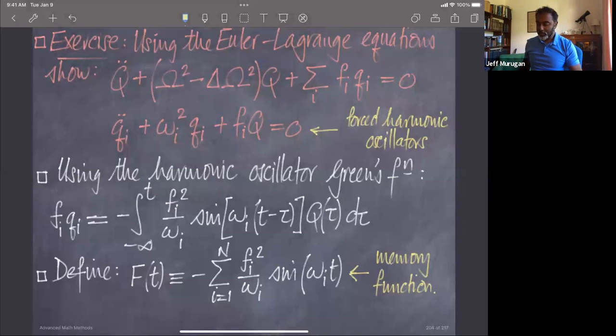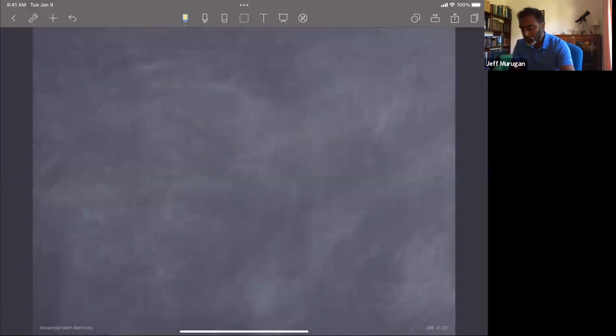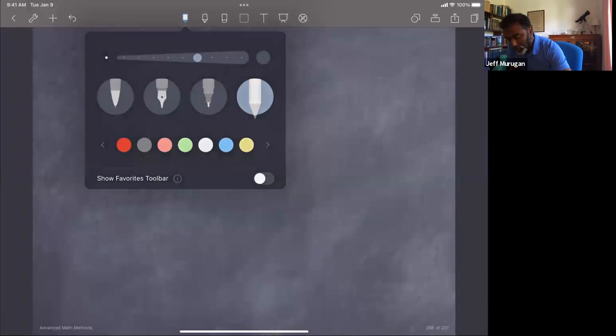So in terms of the memory function, the first equation for the macroscopic variable that I'm really interested in, capital Q, can be written as follows.